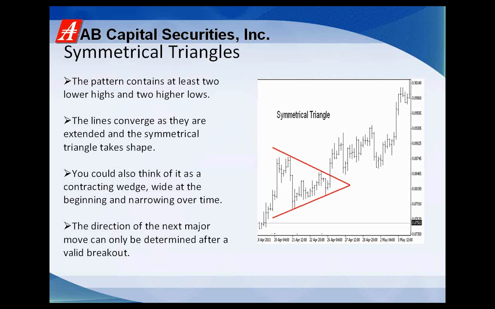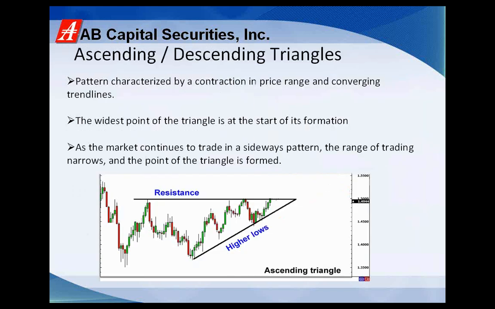Now, the difference between the ascending triangle and descending triangle to a symmetrical triangle is that they're also converging, except that there's a flat portion. Like in the case of the ascending triangle, it has a flat top, but it's accompanied by higher lows.